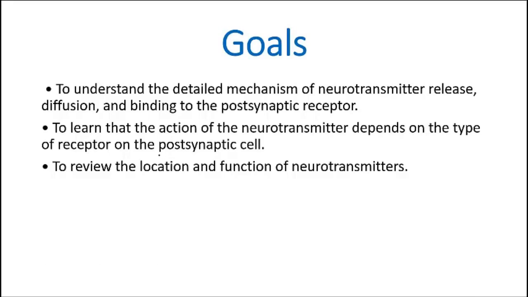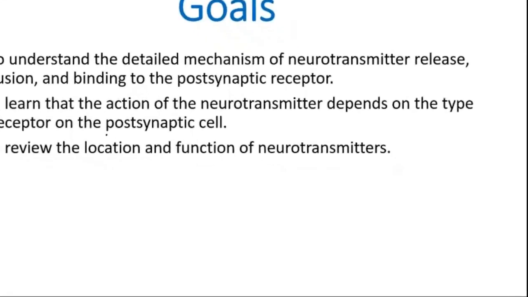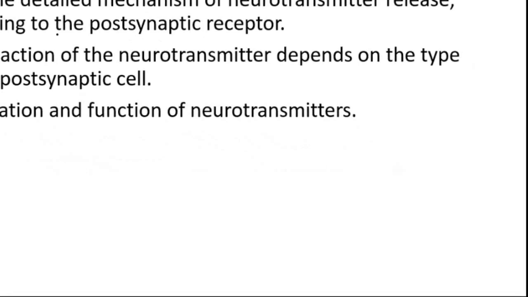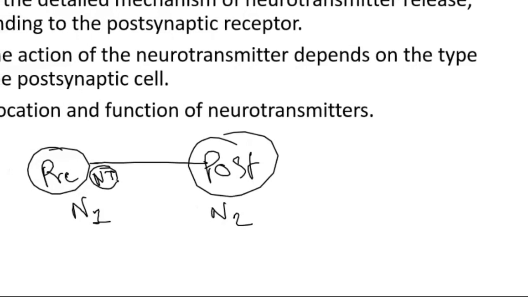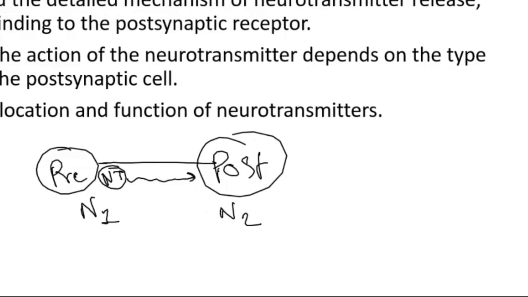This synaptic transmission involves the release of these neurotransmitters from the presynaptic cell to the postsynaptic cell. Because here we are looking at the interaction between two neurons, neuron 1 and neuron 2. Neuron 1 secretes certain chemical factors known as neurotransmitters. Once released, they will go and bind to the postsynaptic neuron.